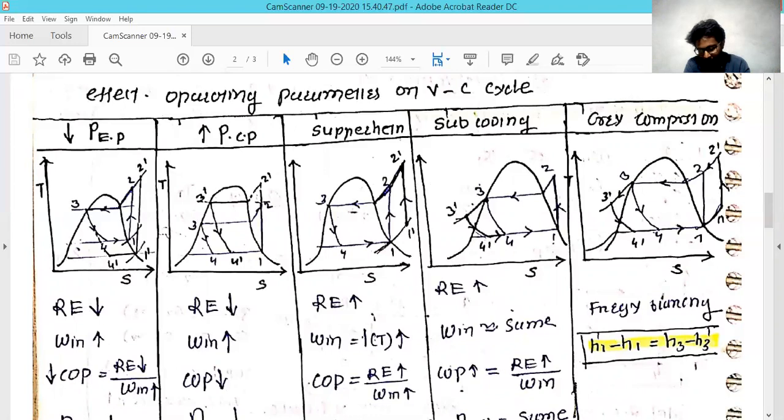That shows that the inlet of that compressor is at this superheated stage, and from that superheated steam we are going to compress and send to the higher pressure at the superheated stage. So previously at the inlet it was not superheated.